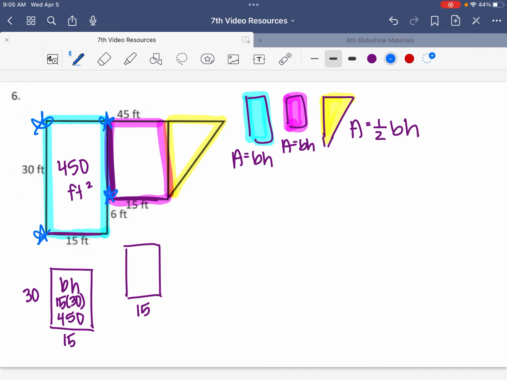So I need to see if there's some other information that I'm given. And I see that this piece right here is 6. So if this piece is 6 also, the rest of it had to be 24 to make up the whole 30. So the height of this pink rectangle is 24 feet.